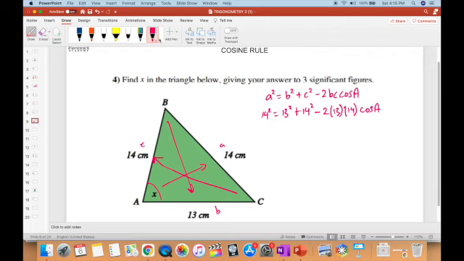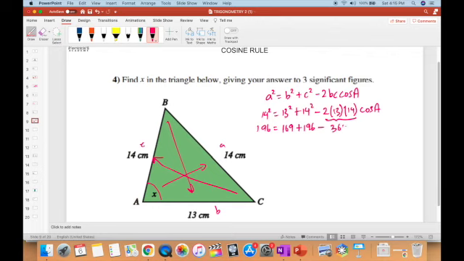So 14 squared is what? 14 squared is 196. And that is equal to 13 squared, which is 169, plus 196, minus, and let's do this multiplication here: 2 times 13 times 14 gives us 364.